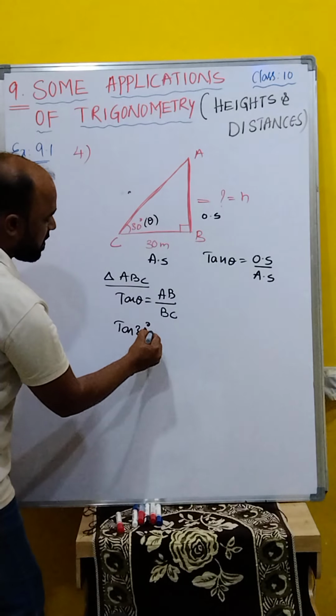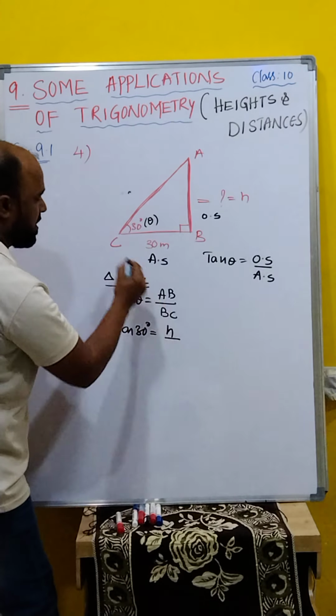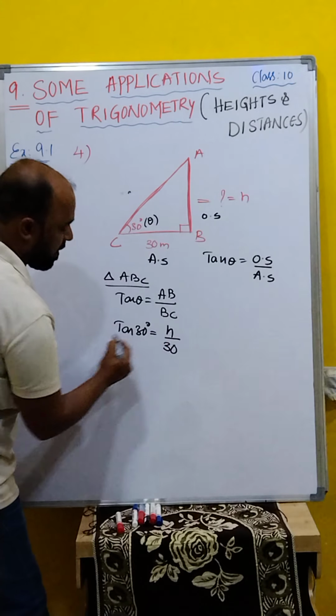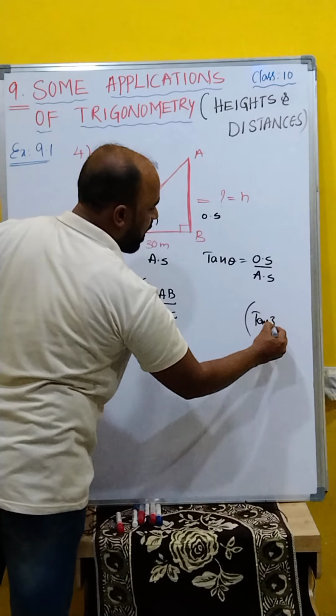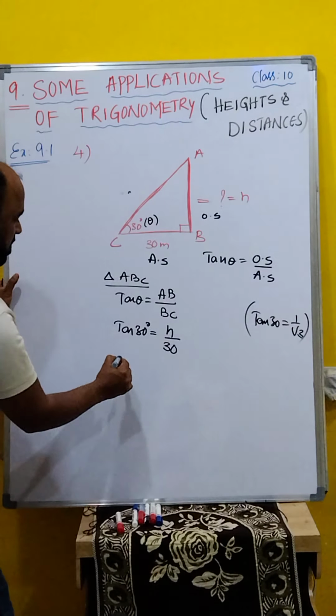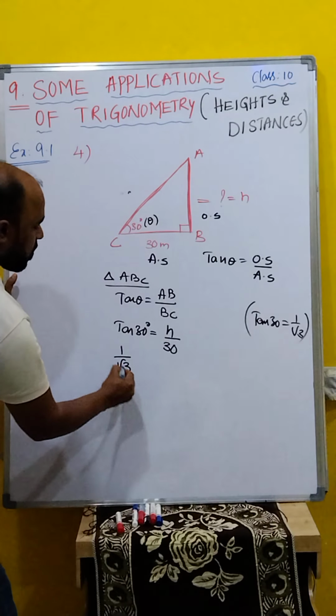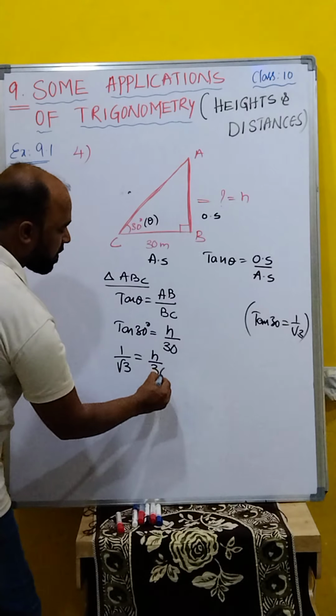Tan 30 is equal to AB value we don't know, that is h, BC is 30. Tan 30 value from the trigonometric table: tan 30 is equal to 1 by root 3. Applying this, 1 by root 3 is equal to h by 30.